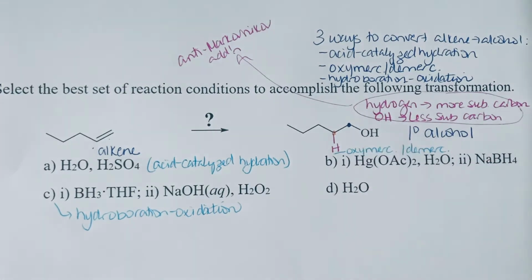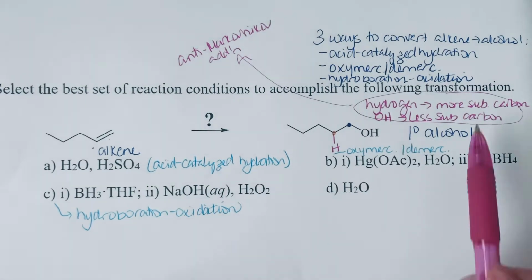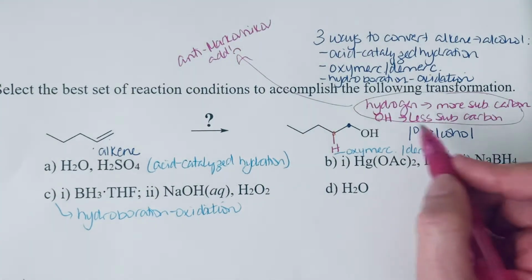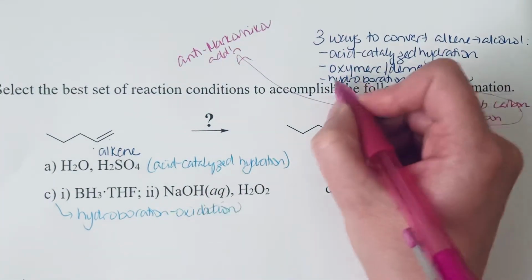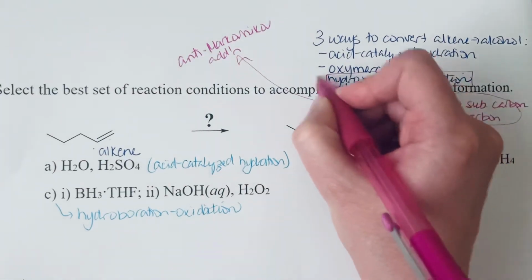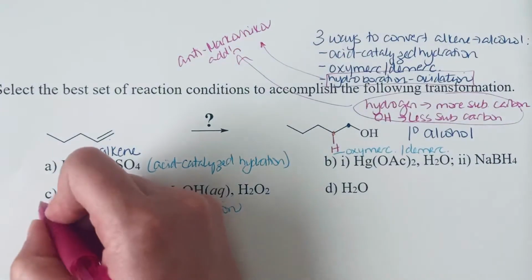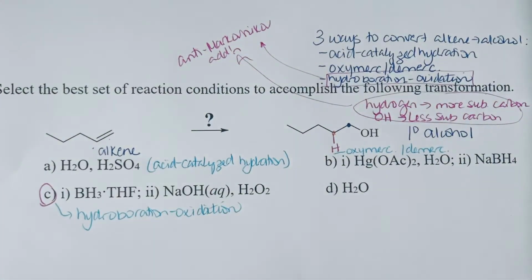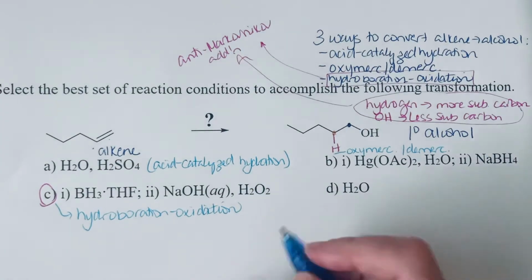We see the reverse here, so we call this anti-Markovnikov. This might be enough for you to recognize that we are going to be doing a hydroboration oxidation in order to get that anti-Markovnikov. So that means that C is the correct answer. And let's just take a quick look at why that is.